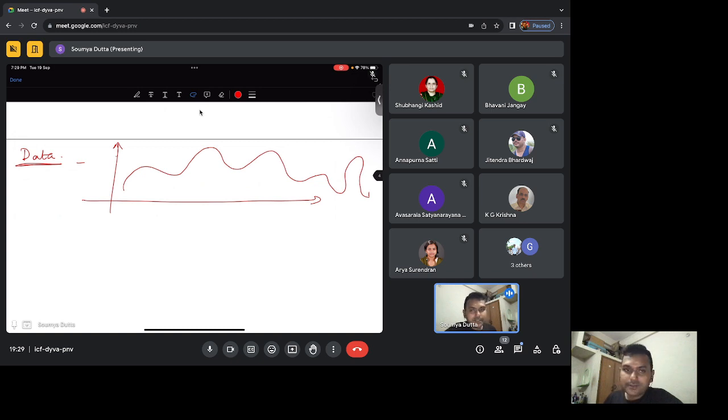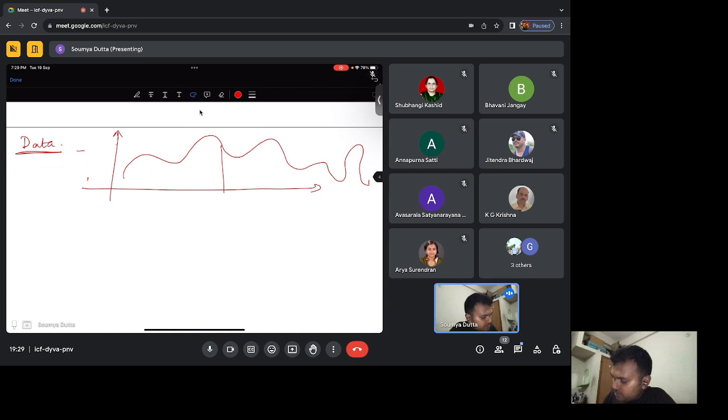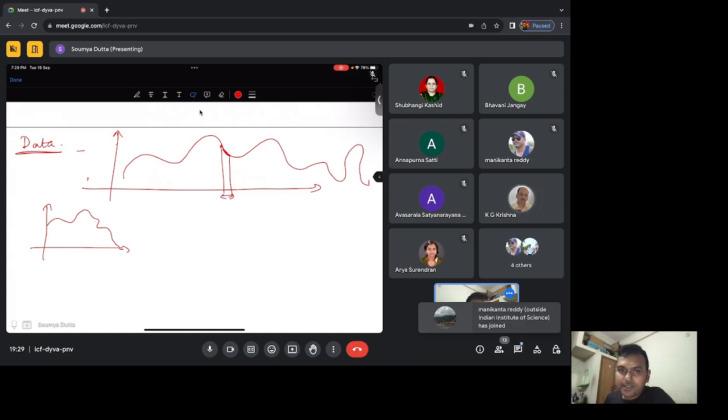Somebody is maintaining this data distribution, which nobody knows. This runs into trillions and zillions maybe. Now when you are actually learning a machine learning model, you are given a snapshot of this distribution, which is just this much from this big distribution.